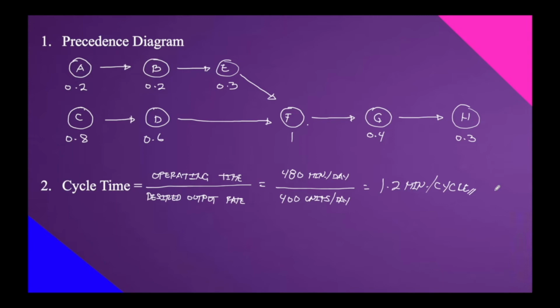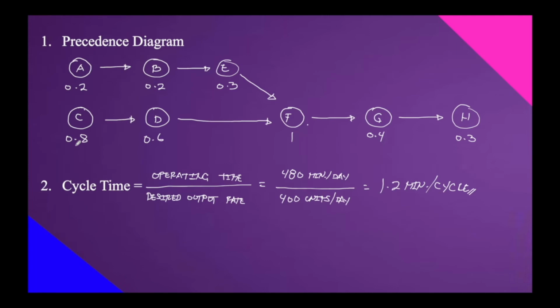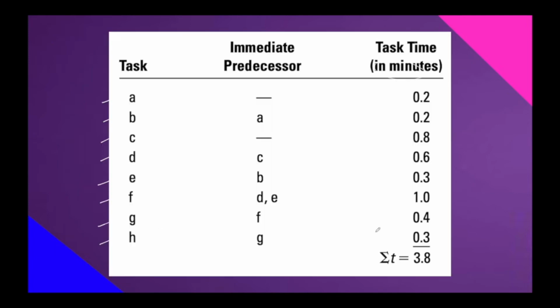Now, for the third one, so okay na tayo with this one. Determine the minimum number of workstations required. Gaano kaya karami ang workstation na kailanganin natin. Okay, so for the total number of workstation, that is summation of our time, which is, kung titignan nyo dito, 3.8 ang total task times natin.